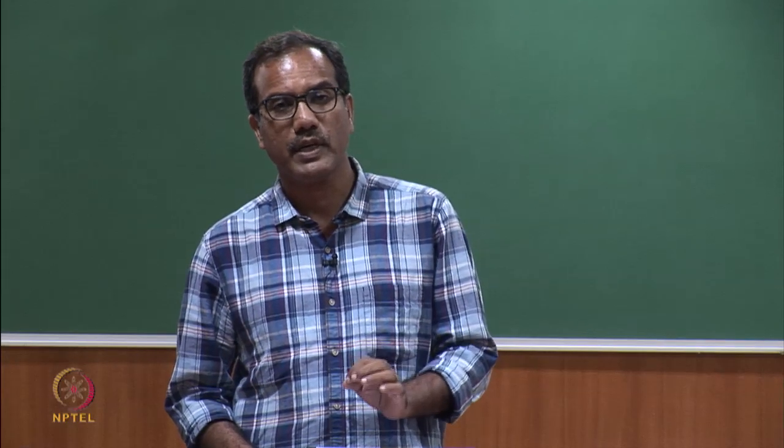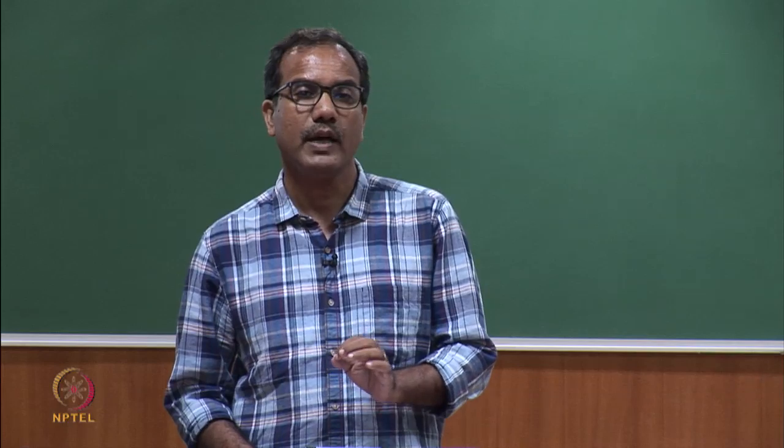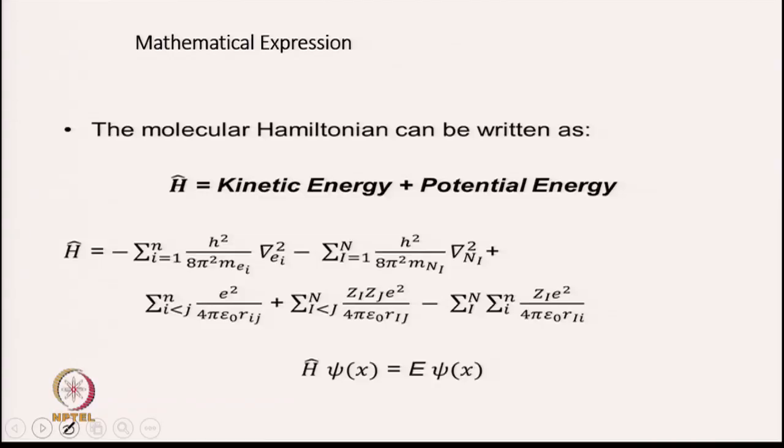In a similar way, you can write the Hamiltonian for the hydrogen molecule, and for that again the Hamiltonian can be written as the sum of a kinetic energy term and a potential energy term. The kinetic energy term for the electrons is given like this, and this is again for the nucleus. So, one is for the electrons, another is for the nucleus.